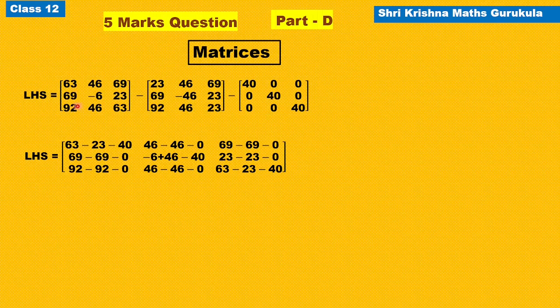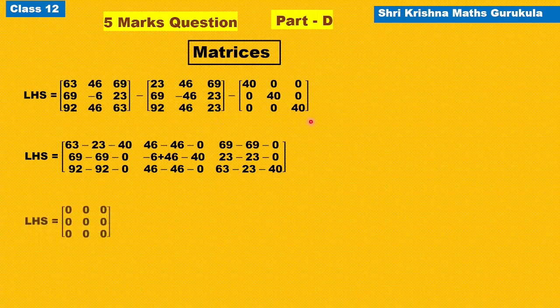Now we'll consider the second row first element, that is 69 minus 69 minus 0. Now minus of minus 46, which will be plus 46, then minus 40. So it is here. Then 23 minus 23 minus 0. Then 92 minus 92 minus 0. Then 46 minus 46 minus 0. Then 63 minus 23 minus 40.